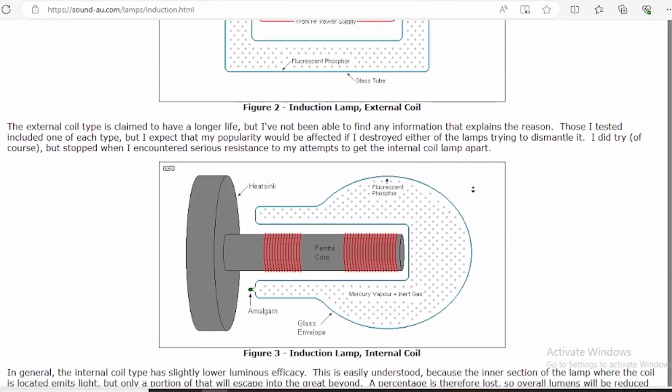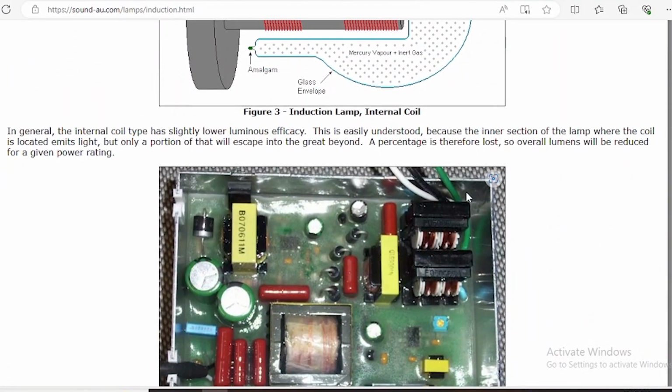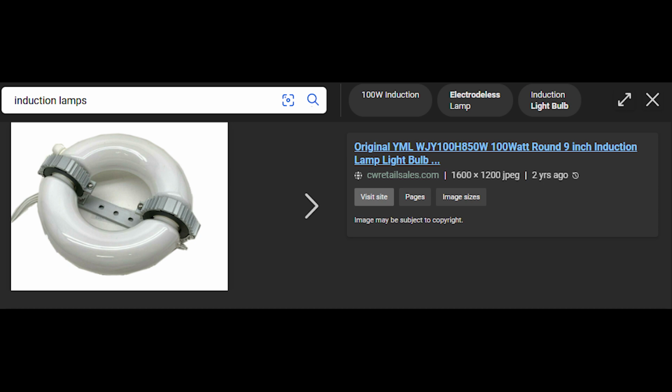That definitely doesn't have any sort of electrodes or direct contacts. It is a very complicated topic, and if you're interested in learning more, you can find many decent resources. Induction lamps are a different technology, so I don't think they're related to any type of LEDs.